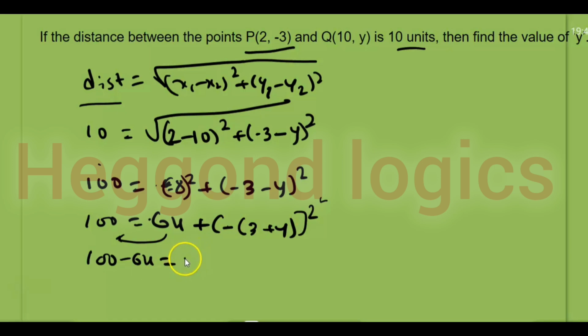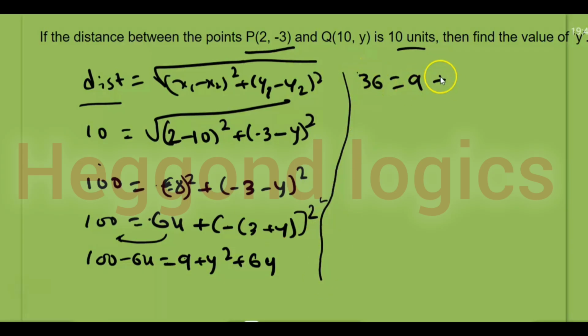A square means 3 square is 9, plus y square, plus 2 into 3 is 6y. Now 100 minus 64, remaining 36. 36 is equal to 9 plus y square plus 6y.